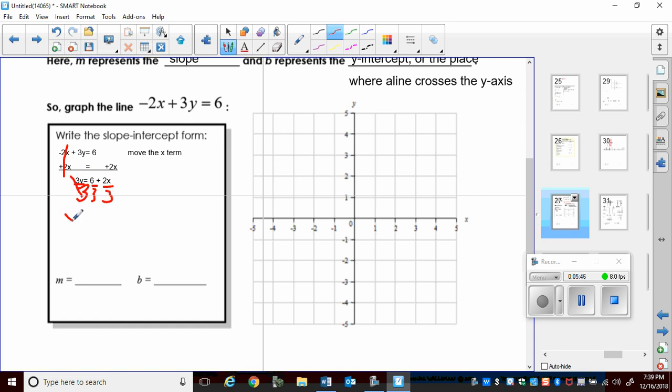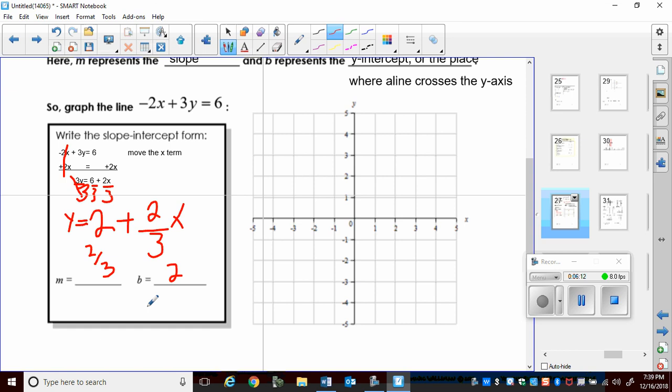I get y equals 2 plus 2/3 times x. My slope here is 2/3, so I'm going to go up 2, right 3 for my pattern, and my y-intercept is at 2.